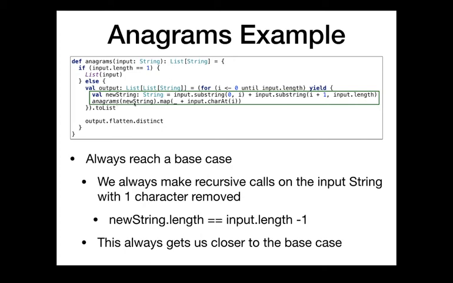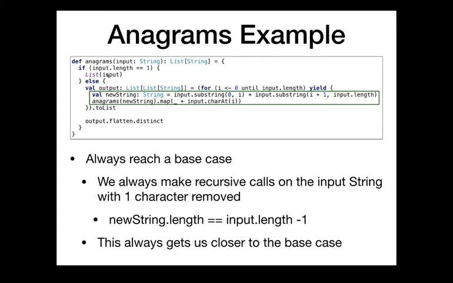So if I have a large string here, say a string of length 10, anagrams is going to make 10 calls to anagrams with strings of length 9, and then 9 calls with strings of length 8, then strings of length 7, so on and so forth, until we finally hit our base case, which is going to return that list, append a character to it, return that, and then we can start returning back up the recursion and assembling all of our solutions into one large final set of all the solutions.